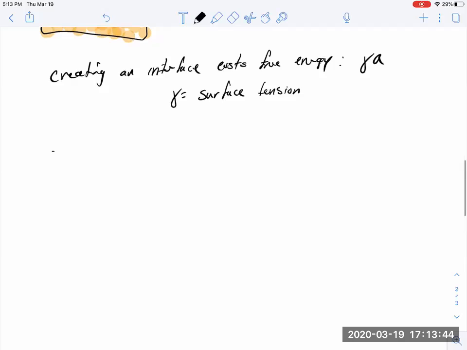So let's keep that in mind and then try to answer this question. What happens in time? What is the sequence of states as a system crosses a coexistence curve?